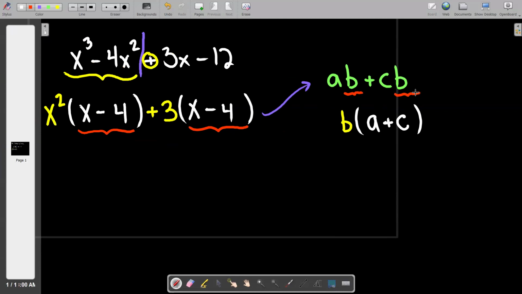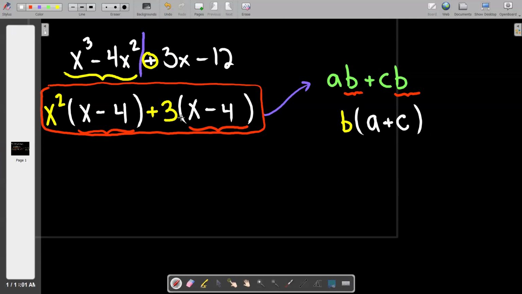So what I'm trying to tell you is that in the white and yellow expression over here, there's a common factor in both of the terms. So what I'm going to do is pull that out. I'm going to GCF it out of there and out of there, leaving me with X minus 4 times something.